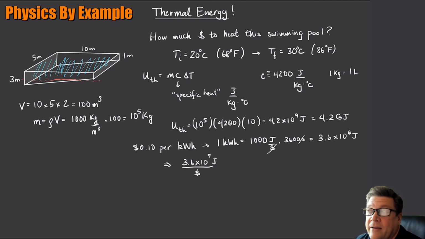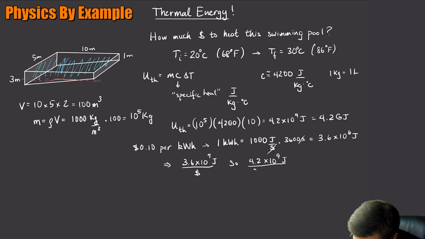So I think I'm all set. I already know what my energy budget is. I need 4.2 billion joules. I know how much it's going to cost me. Every dollar gets me 3.6 times 10 to the 7th. So if I just divide those two things, then I got it. 4.2 times 10 to the 9th joules divided by 3.6 times 10 to the 7th joules per dollar.